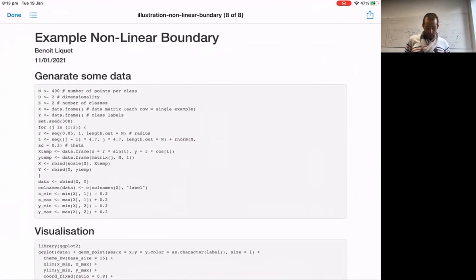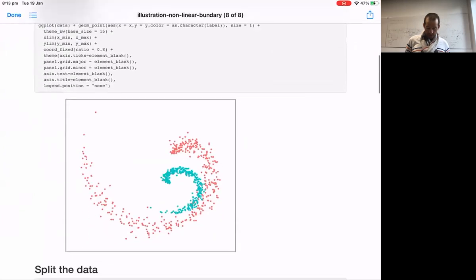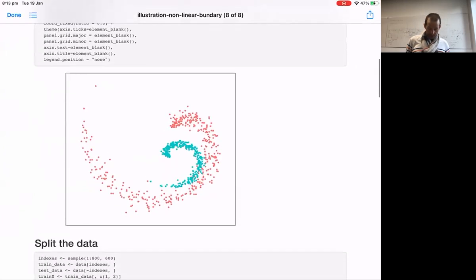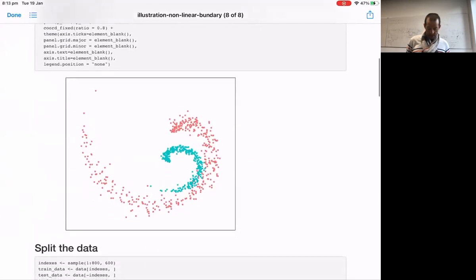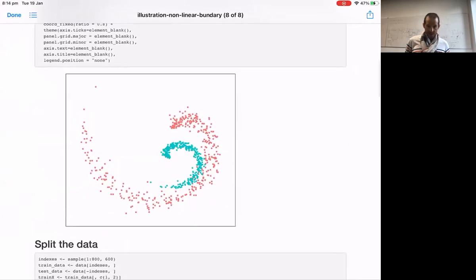So what I have done is simulate some fake data, a nice spiral. We have two classes, let's say green and orange or red. We want to build a classifier to classify these two shapes based on just two features, X1 and X2.